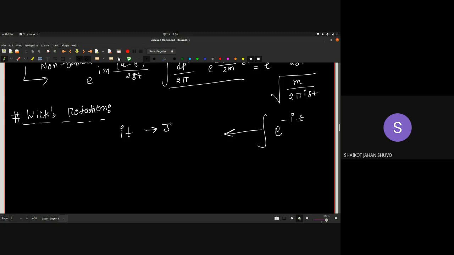And how does this look on a physical ground? Let's say you have this time axis over here, and multiplying with I, what does that mean? Whatever you had, you are now rotating it in the anti-clockwise direction by 90 degrees.